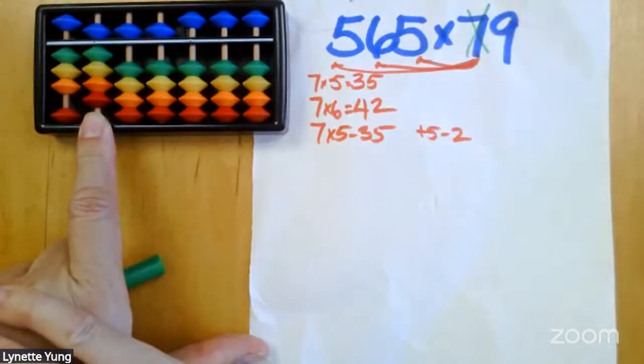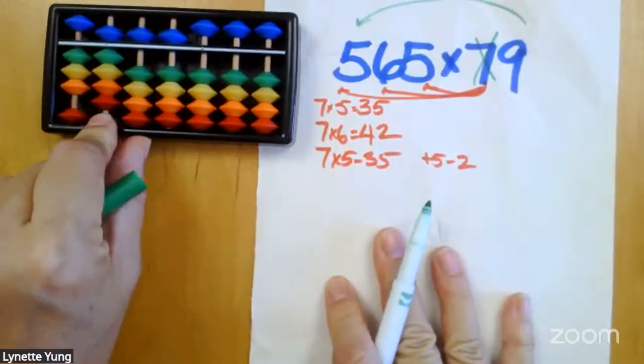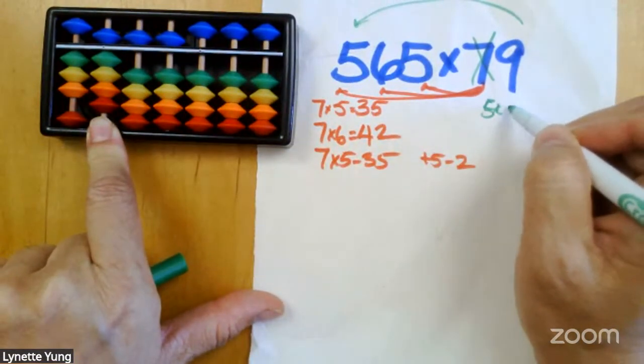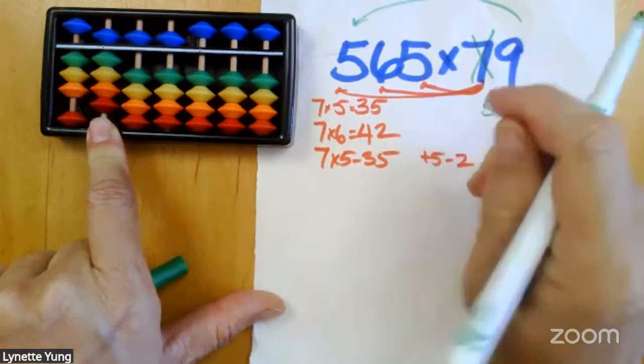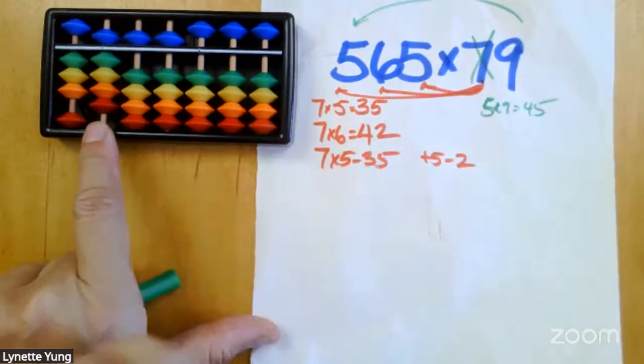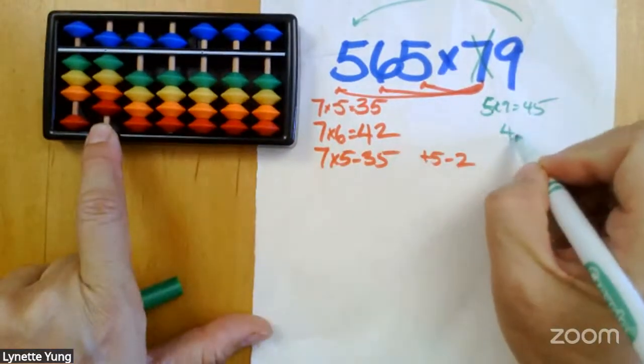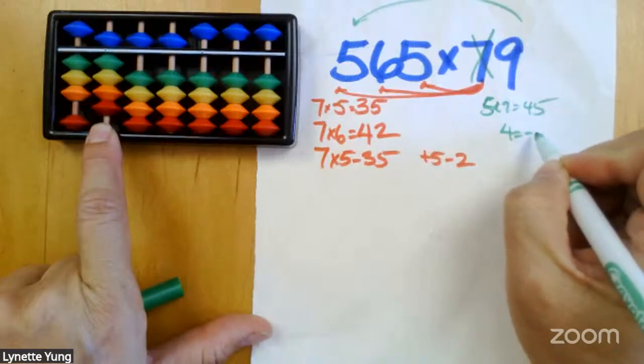All right. So 9 times 5 is 45. Nope, you got to... Oh, I'm sorry. So we're going to plus the 4. You can't do that.